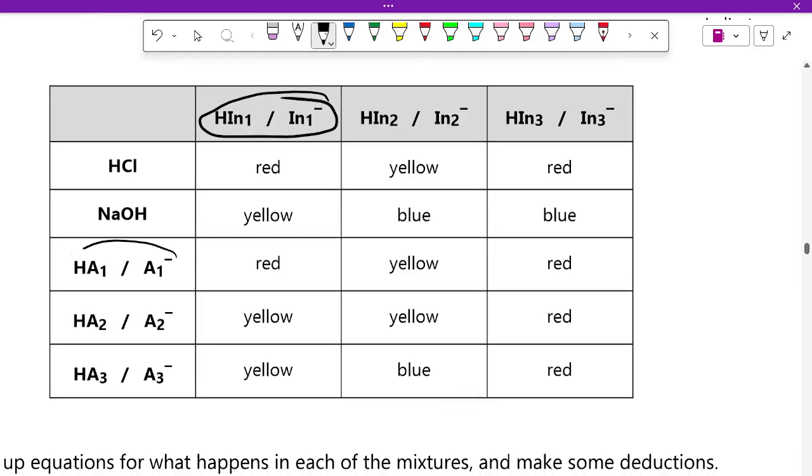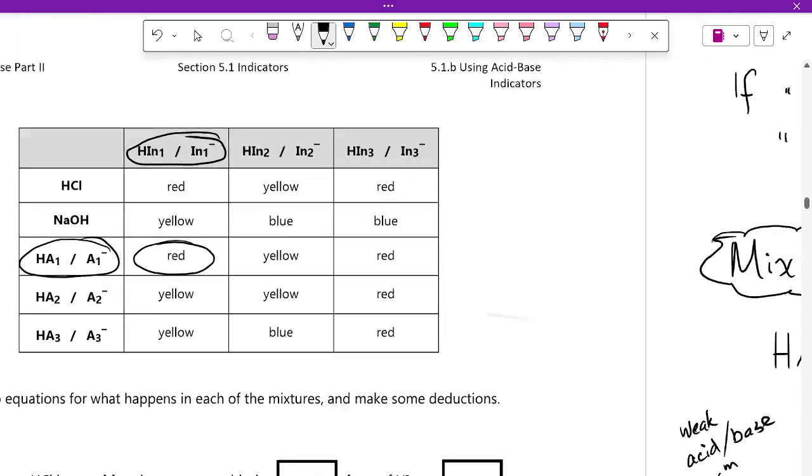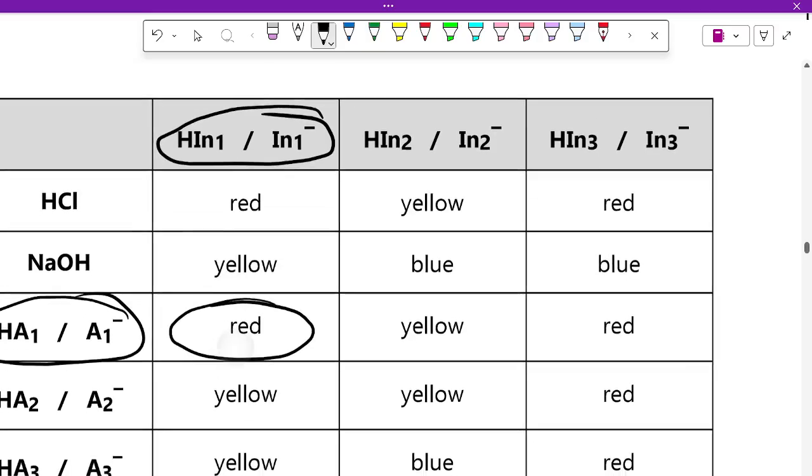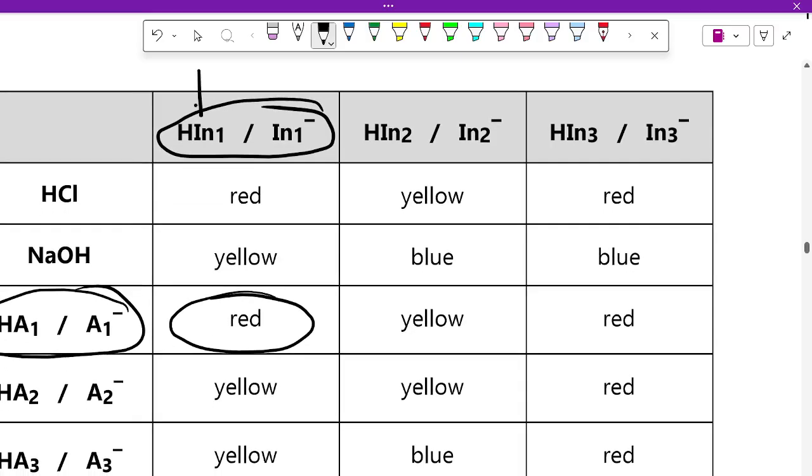Okay, it's the same table as before. But when I've got HIN1 and IN1 minus and HA1 and A1 minus, I get the color red. Yes? So what we have to ask ourselves is, if I see red, and remember what color was HIN1?